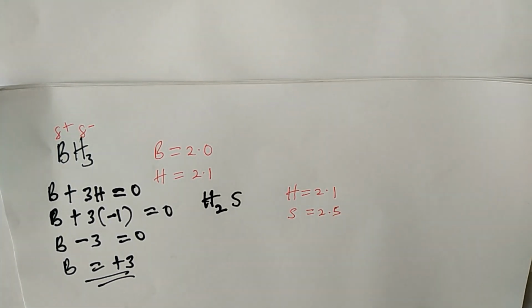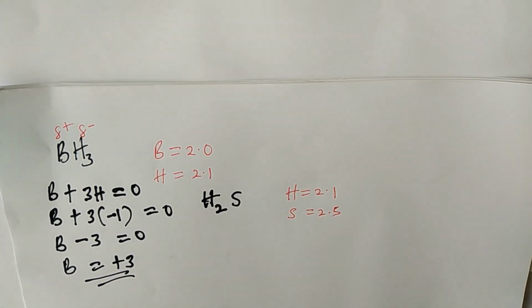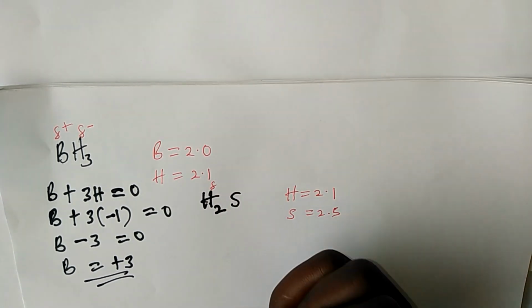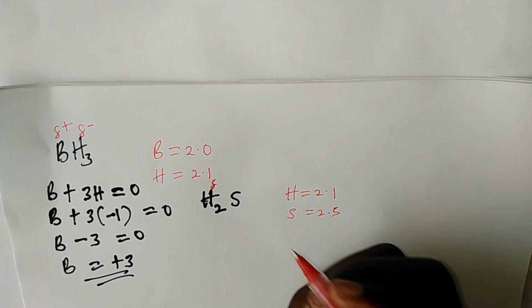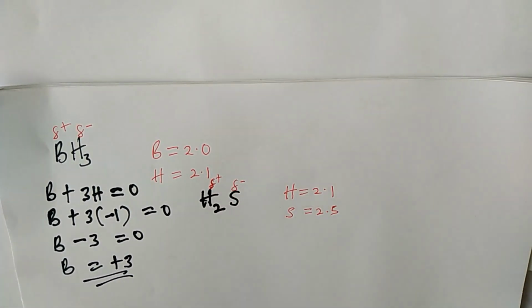Now, in this case, we say hydrogen is partially positive, while sulfur is partially negative, right?